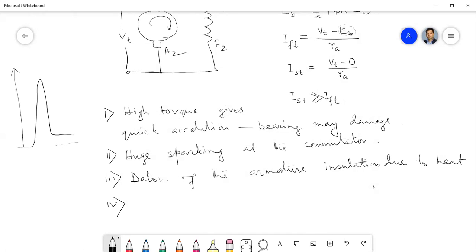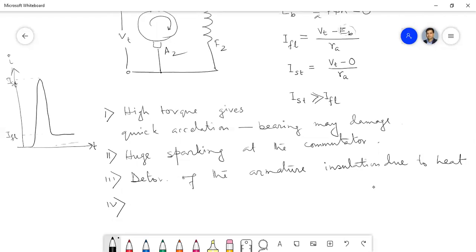This is the starting current, and that is the full load current. If this starting current flows for a very small time, we can consider this as an impulse of current.